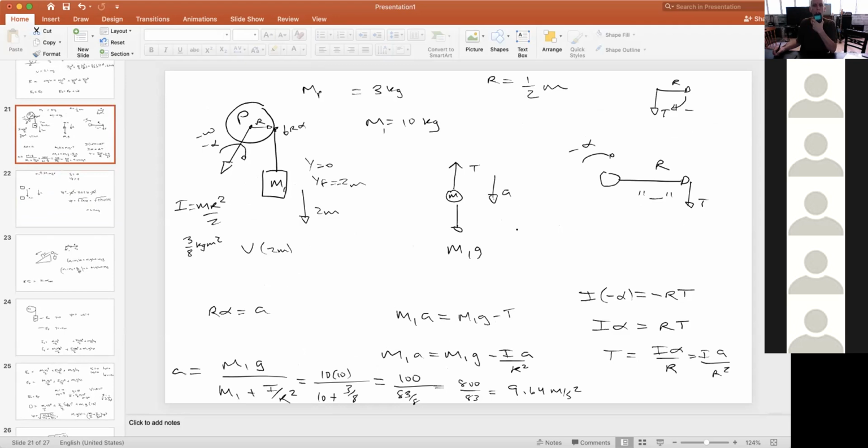And what I got was T is there, which is correct. This is I alpha is equal to RT, or T is I alpha over R, which is IA over R squared. So M1 plus I over R squared.